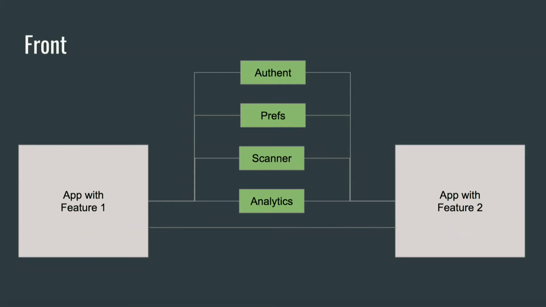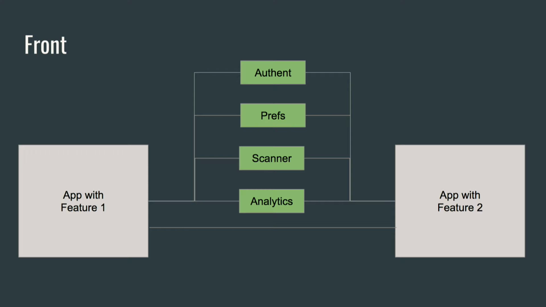We have, for example, a feedback service with which the user can send feedback to us. We have a help brick, an authentication brick, and some other bricks. And so we decided to divide it like that, where we end up with two applications, an app with feature 1, an app with feature 2, and so on.